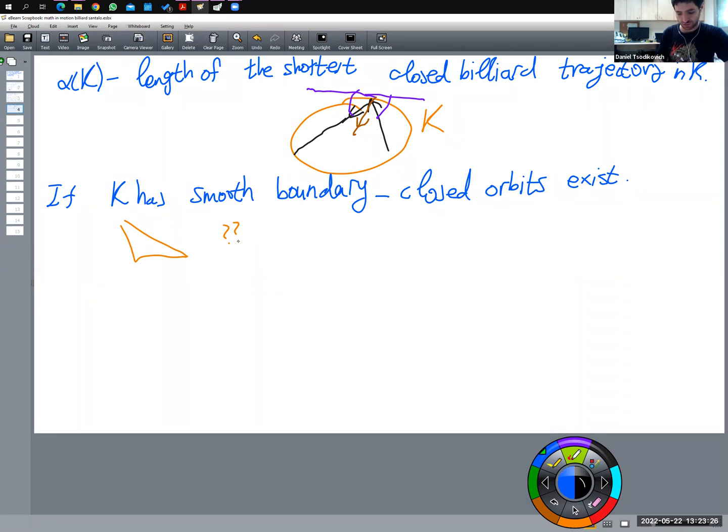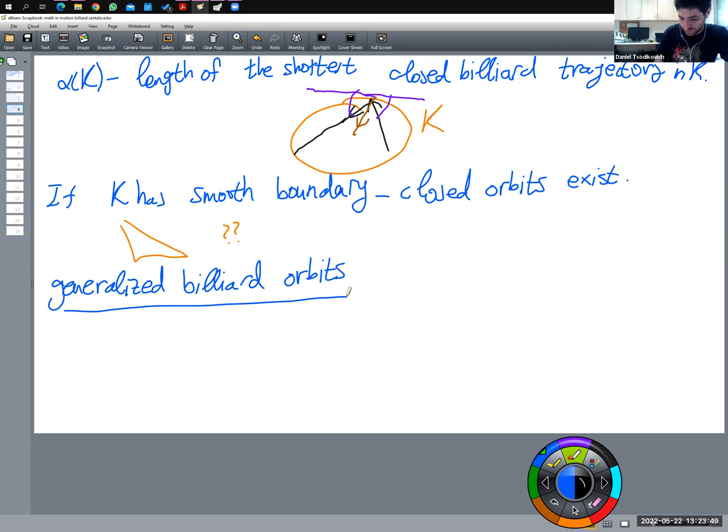So instead, what we do is we consider generalized billiard orbits, in which we allow the particle to pass through corners of the boundary. So now if our particle enters a corner in the boundary, so this is our triangle, suppose you have an orbit that gets to the corner. In the classical definition, this orbit can't continue because this is not a smooth point.